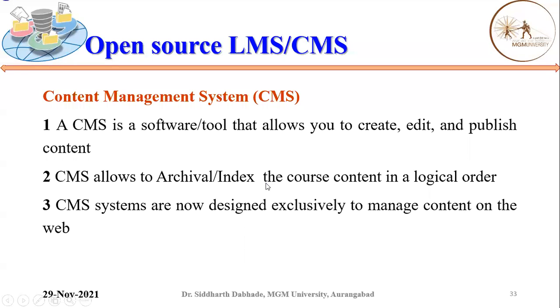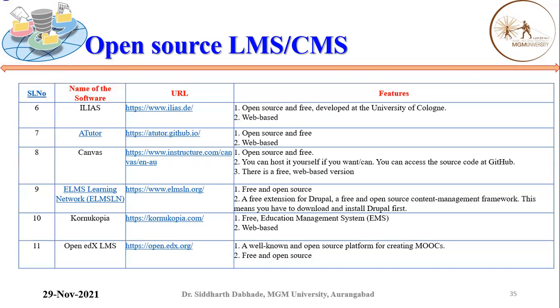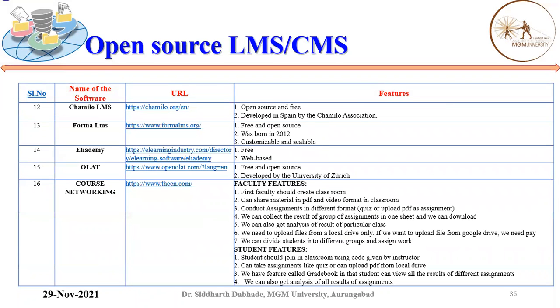Many different tools are available, like Google Classroom, DokeOS, Moodle Cloud, Sakai, Coursesites, ILIAS, eTutor, Canvas, OpenEdX. These are examples where we use learning management systems and content management systems.